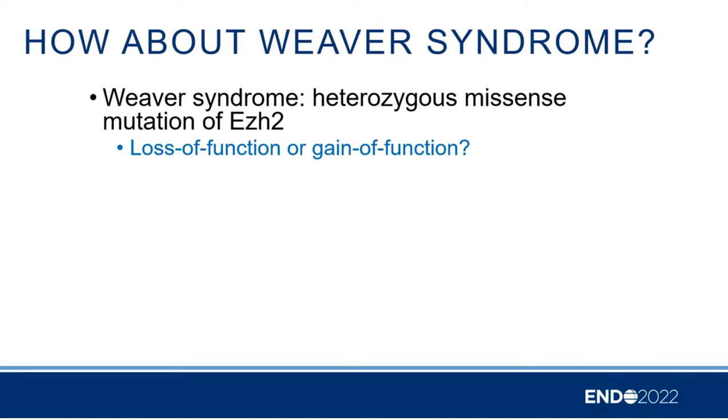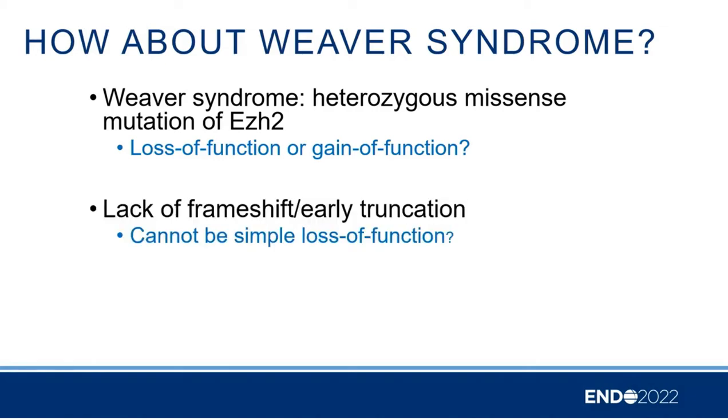However, it wasn't so clear at that time whether these are gain of function or loss of function. And the lack of frame shift or early truncating mutations commonly found in Weaver syndrome suggests that maybe it can't be just a simple loss of function. You can't just have loss of EZH2 and then have it give you overgrowth.